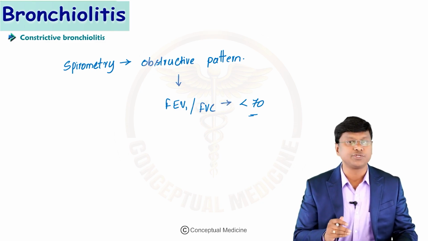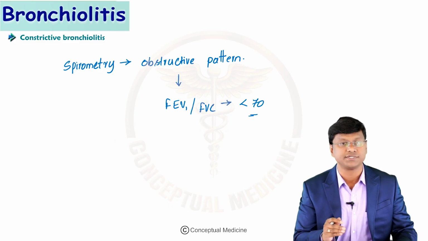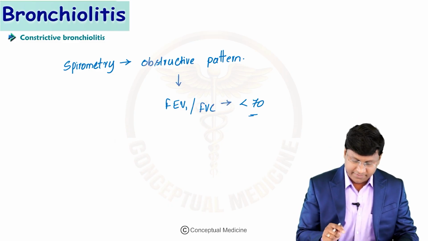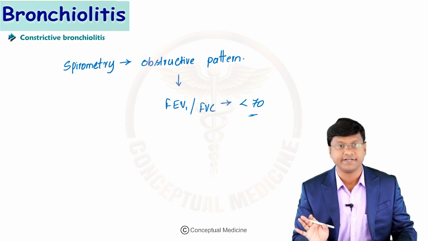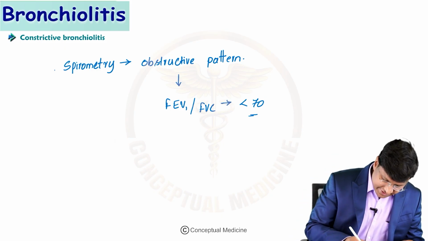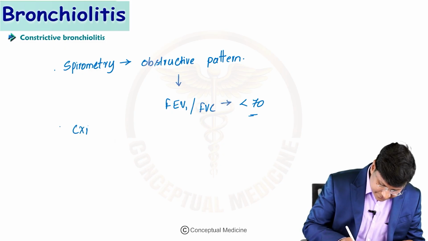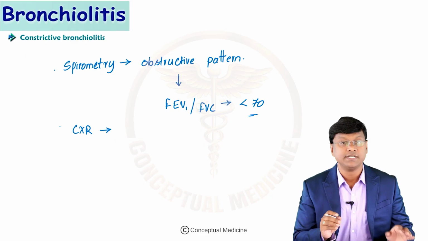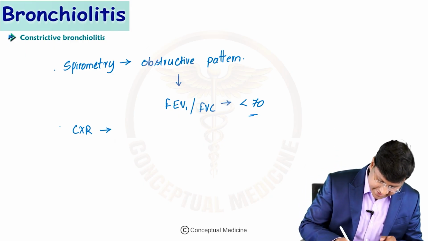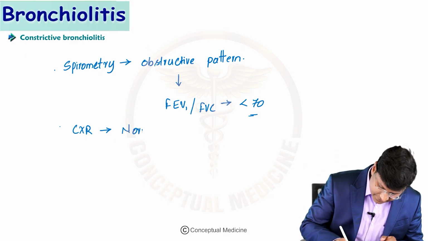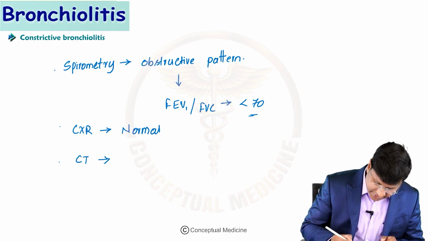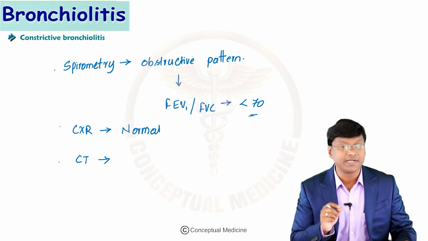So patients with constrictive bronchiolitis have airflow obstruction and air trapping on the spirometry, where your FEV1 by FVC will be less than 70. And if you take the plain chest X-ray in these individuals, it is unremarkable. That means it appears normal. But if you take a CT scan in these individuals, what does the CT show?